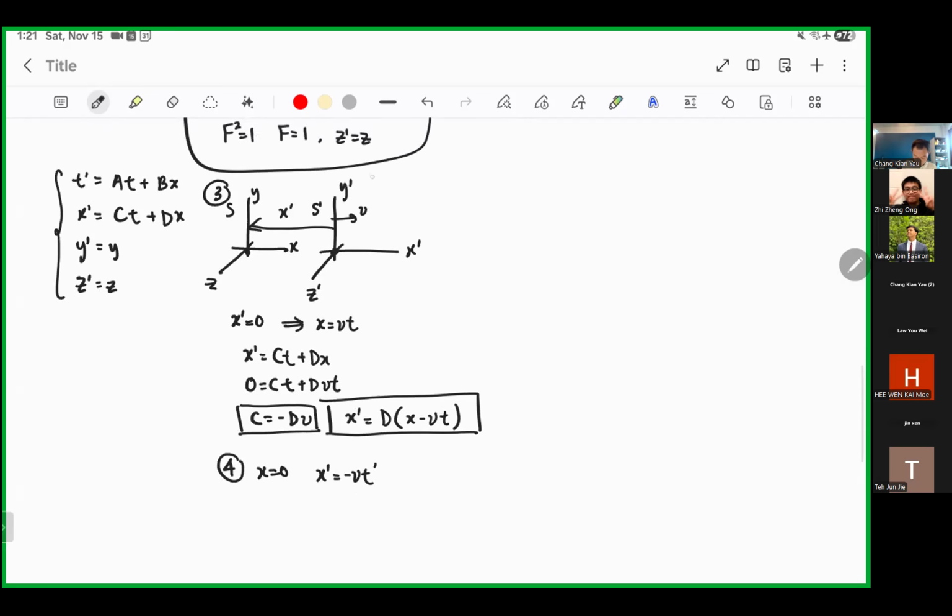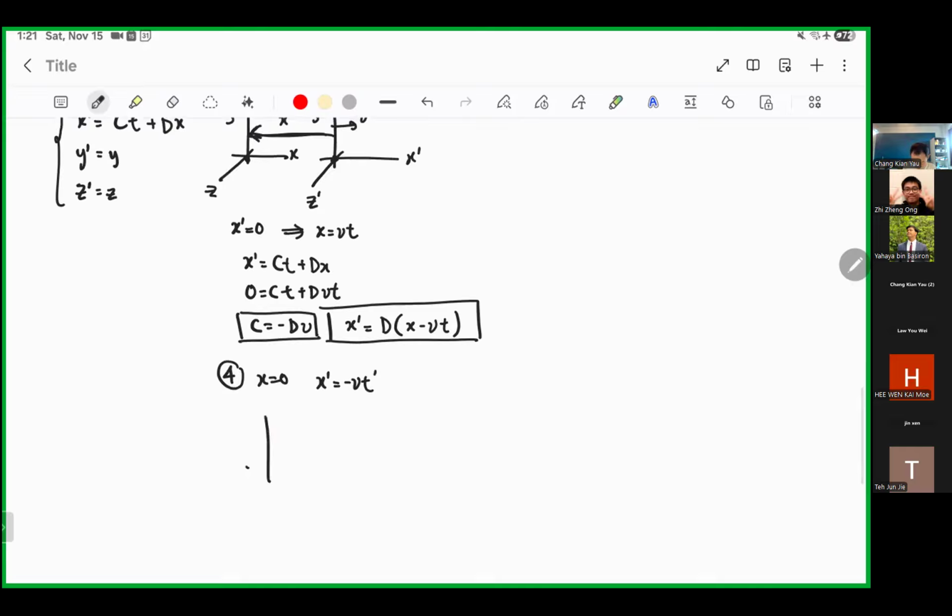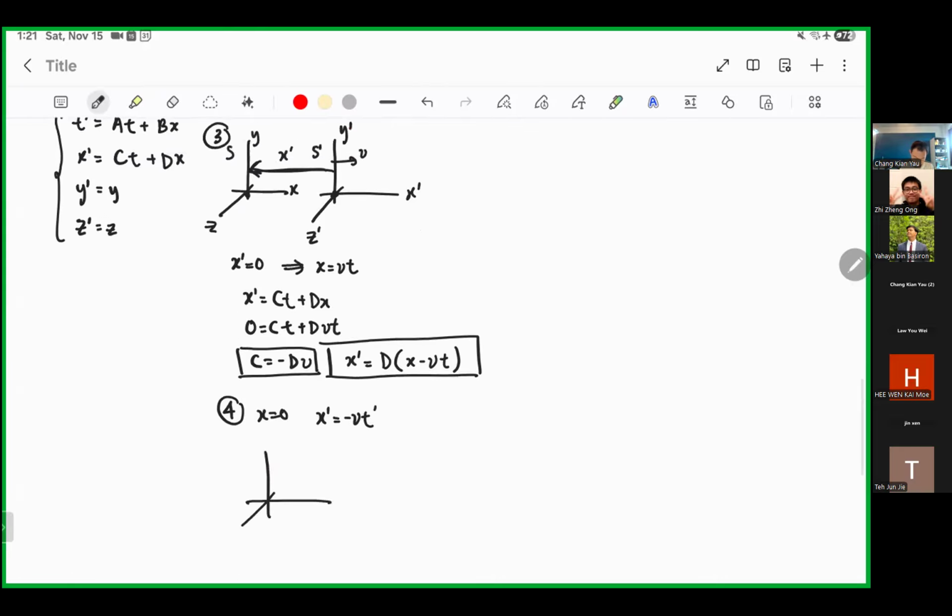So from the S prime point of view, this will be something like this, right? Let me rephrase it better. From the S prime point of view, the time that has elapsed is t prime.